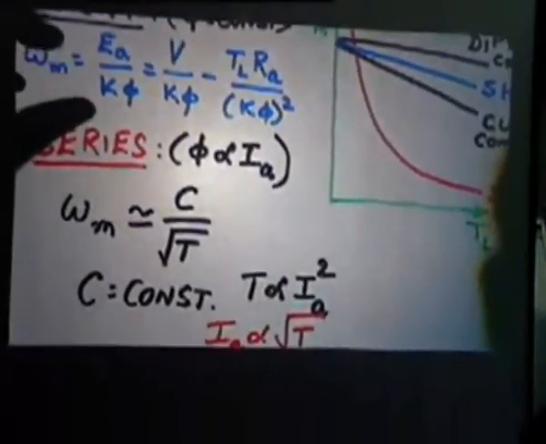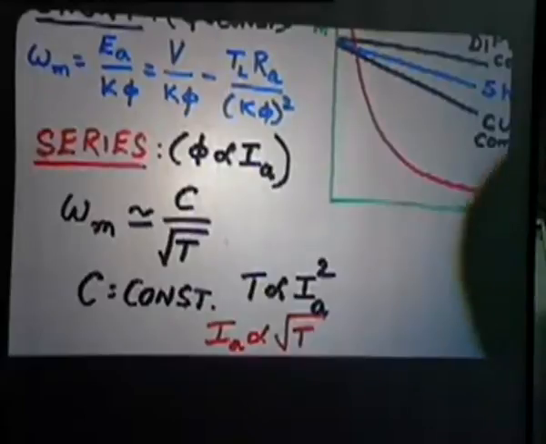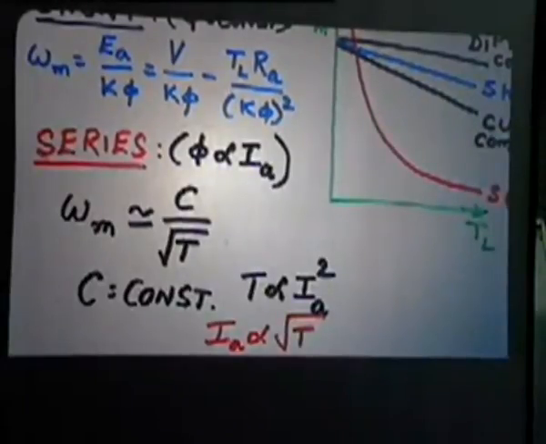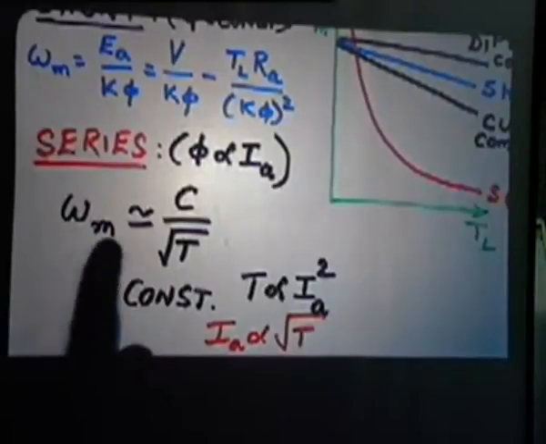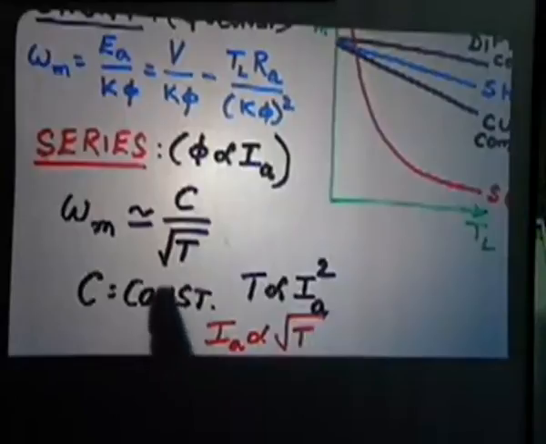Series characteristics: similarly, we can say the flux is proportional to the current. In a series machine, if it is only series, the flux is proportional to the current, and omega m is approximately proportional to some constant divided by square root of T. We can derive it like this.